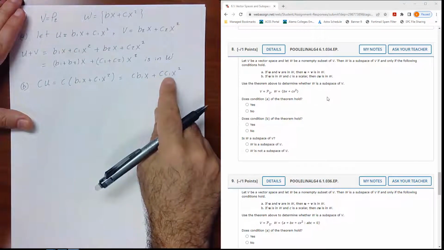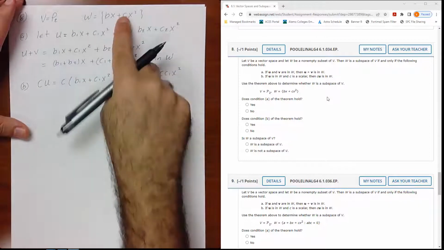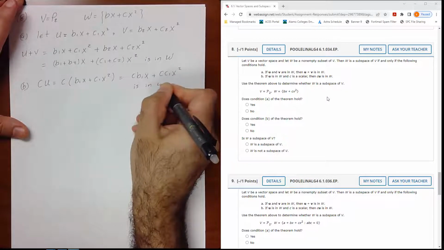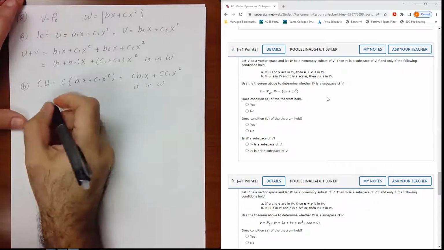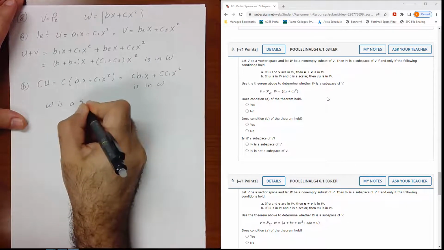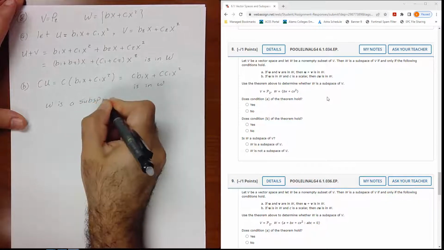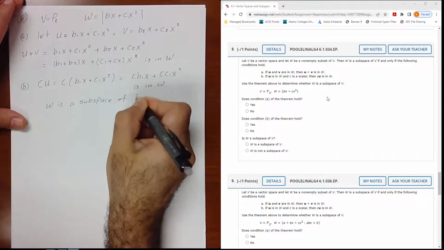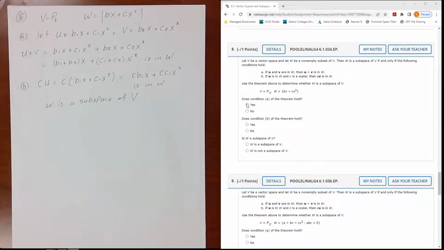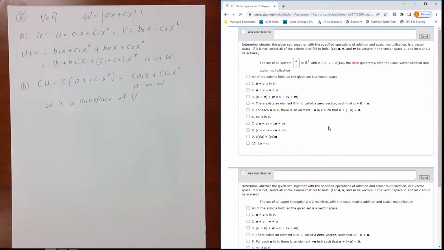Because a scalar times the coefficient is still a scalar, it belongs to W. So this one is in W. That means W is a subspace of capital V. So here we just proved that the first condition is satisfied, the second condition is satisfied, and this one is a subspace. That's it for example 8.